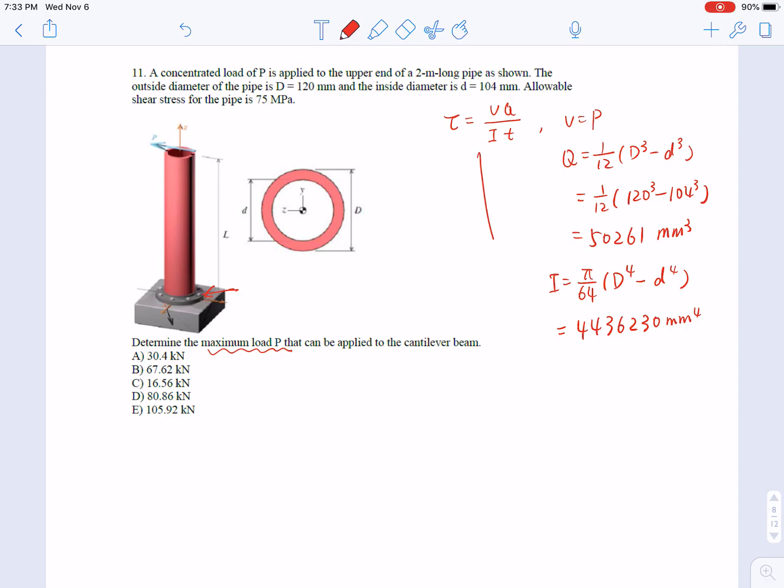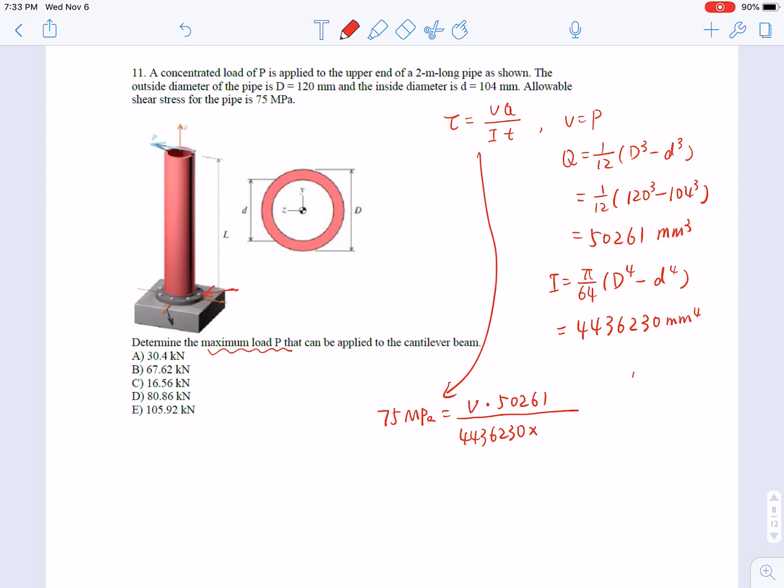So here this equation can be rewritten as 75 MPa, that has been given, allowable stress, equals V times 50261 over 4436230 times t. So what is the t here?